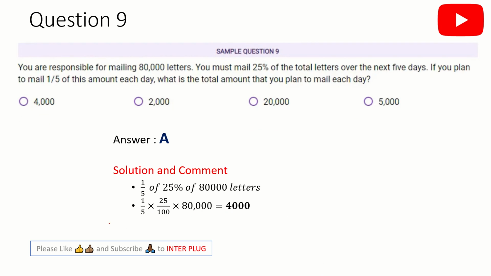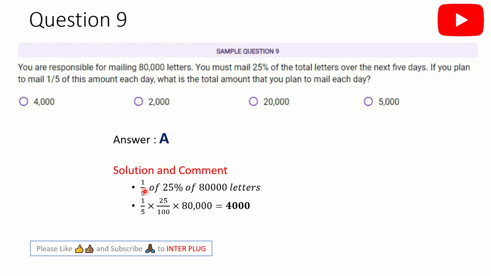Question 9. We have, you are responsible for mailing 80,000 letters. You must mail 25% of the total letters over the next 5 days. If you plan to mail 1/5 of this amount each day, what is the total amount that you plan to mail each day? Okay, so we want to mail 1/5 of 25% of 80,000 letters, right?